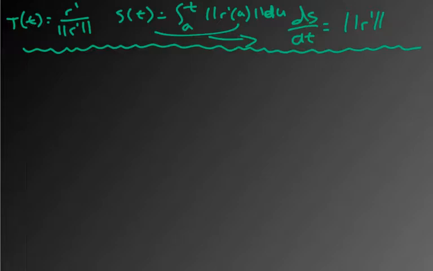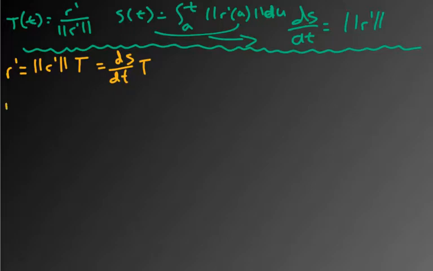All right, so we have r prime. If you just take this and rewrite it for r prime, basically multiply both sides by the magnitude there, you would get the magnitude of r prime times T. And then you could use this fact that ds/dt is the magnitude of r prime, so we could also swap ds/dt in there for the magnitude of r prime.